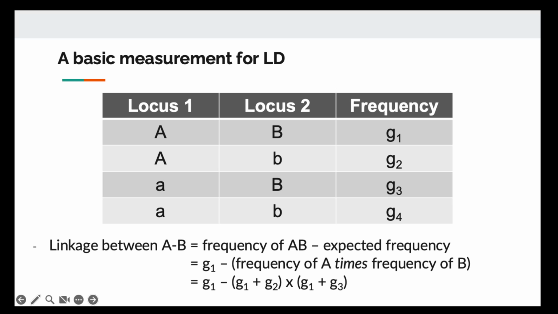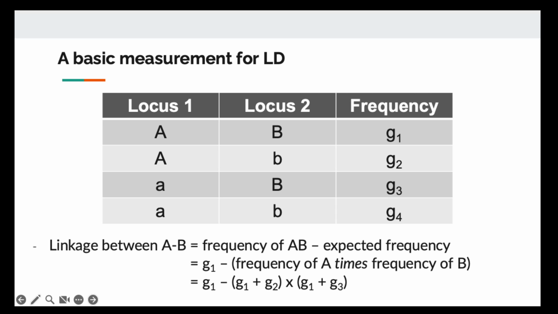Let's say we study some population and get certain frequencies. G1 is the frequency of individuals with A, capital B. G2 is the frequency of individuals with capital A but small b. All these 4 frequencies, if you sum them together, must be 1, like the entire population.